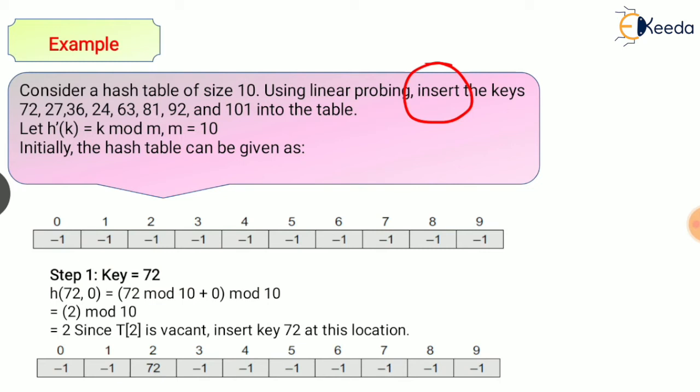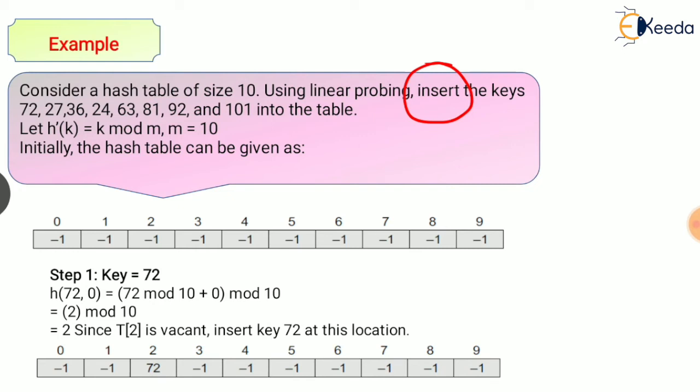It's showing -1 in all the locations. Once you enter the value, -1 is deleted from that, and with the help of -1 we can understand that there is a chance of inserting the data into that hash table.